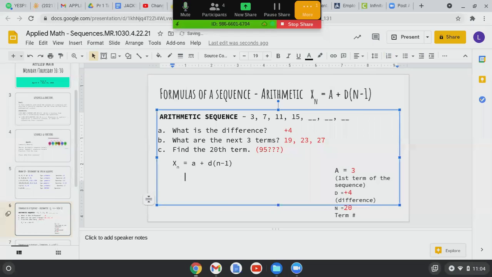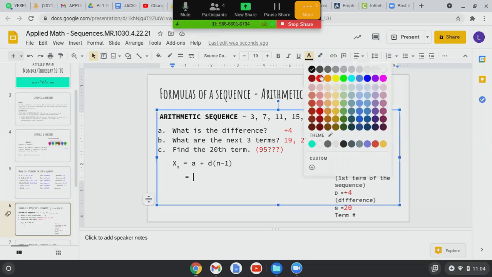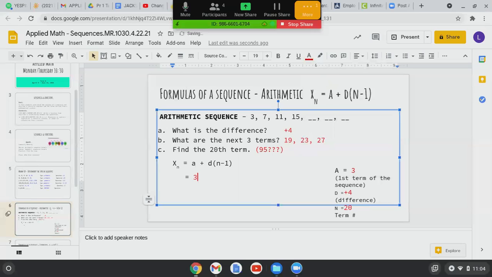And again, we try to always line up the equal sign so we can watch the problem unfold. So what is our value of A? What is the first term of the sequence? 3. All right, bam. So we got 3.